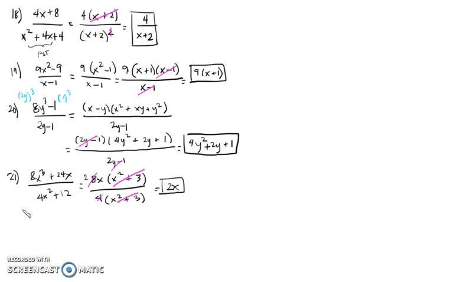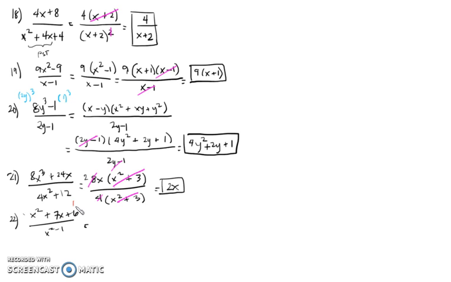So how about 22? Given for number 22 is (x squared plus 7x plus 6) all over (x squared minus 1). Again, I'm going to look for the factors of 6 that add up to 7.